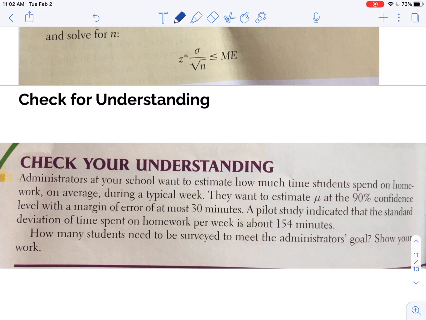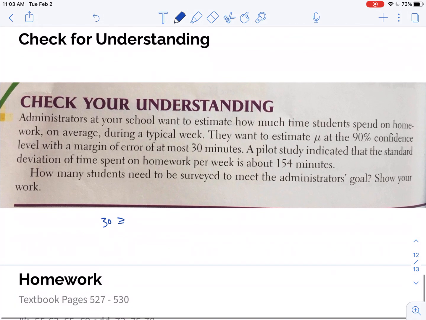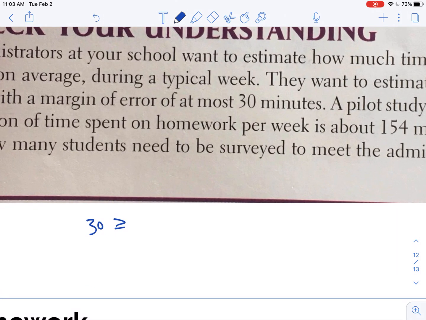So administrators at your school want to estimate how much time students spend on homework on average during a typical week. They want to estimate the mean at a 90% confidence level with a margin of error at most 30 minutes. A pilot study indicated that the standard deviation of time spent on homework per week is 154 minutes. How many students need to be surveyed to meet the administrator's goal? So we want 30 to be greater than or equal to a z-score that relates to a 90% confidence interval.